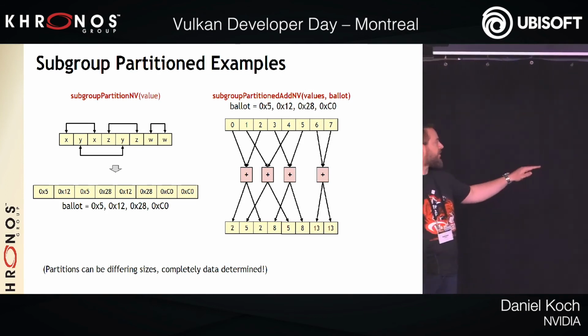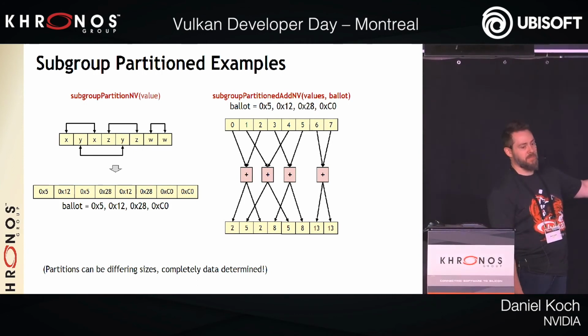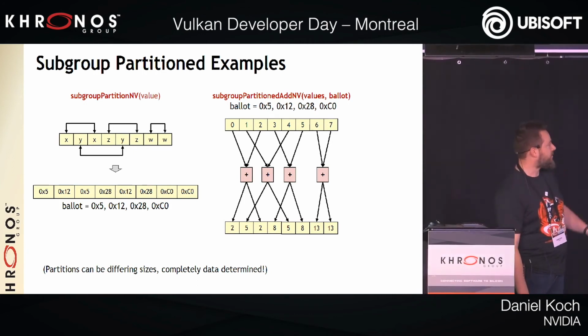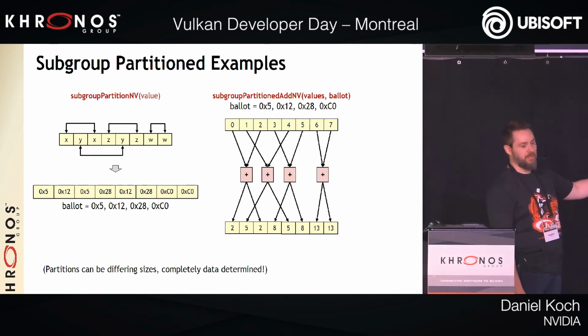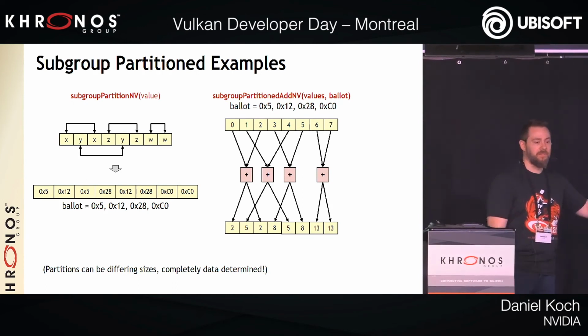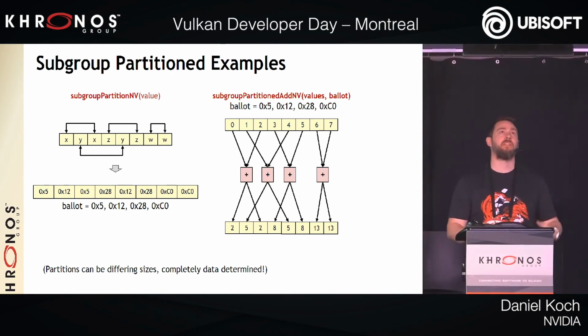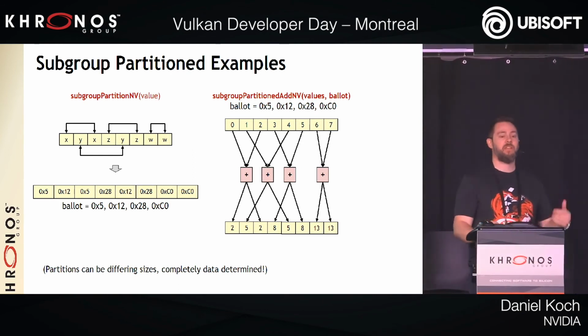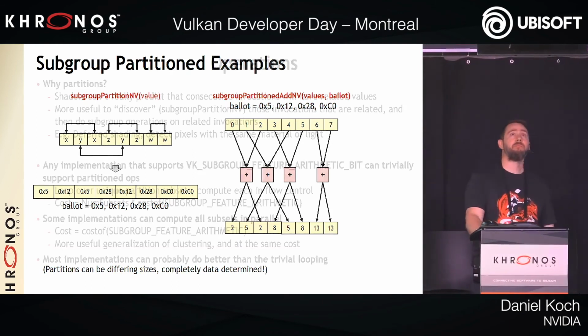And just in this case, my partitions are the same size, but they don't have to be. It could have been four invocations in one partition, and could have been 1 and 2 and 1, for example. It's completely data determined how many invocations are in a partition.